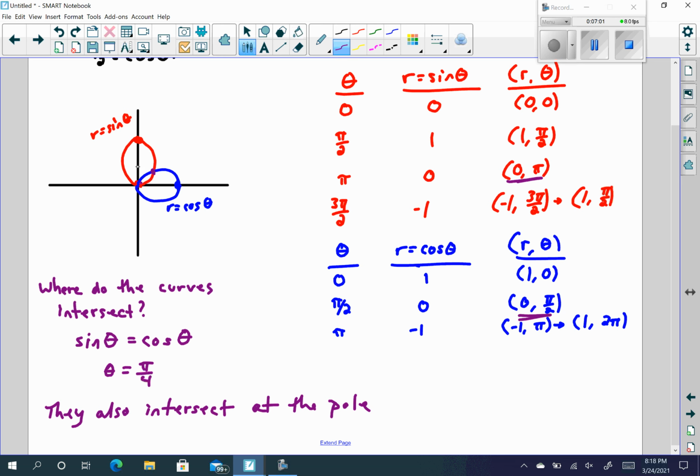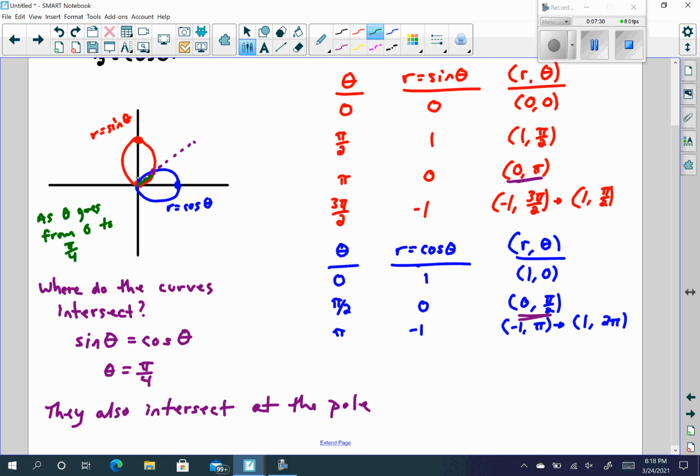And then I'm actually going to draw that dotted line here when theta is equal to pi over 4. So as I'm going from 0 to pi over 4, that's going to be our area. As theta goes from 0 to pi over 4, we're sweeping out this area right here, so just below.